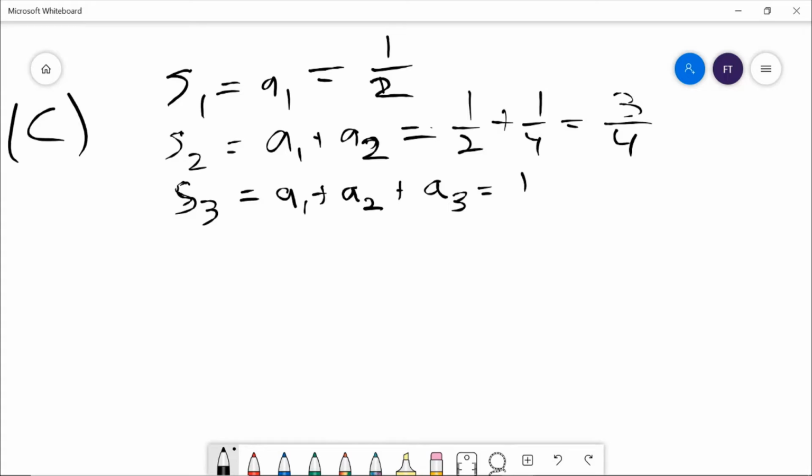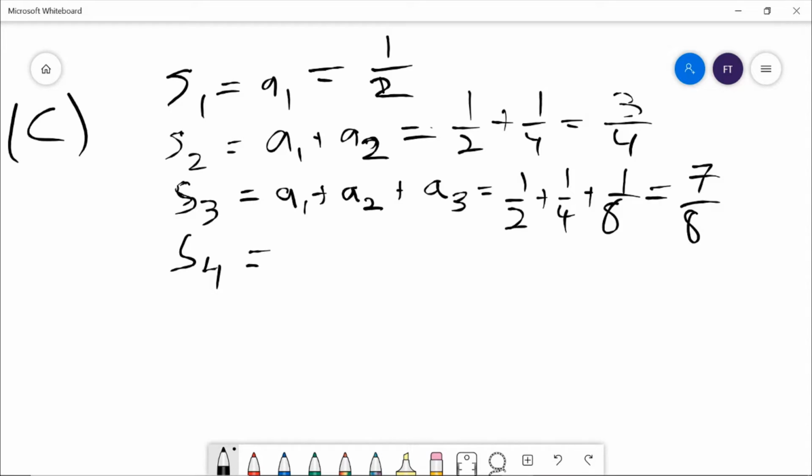S3 is 1/2 plus 1/4 plus 1/8. If we add those up, we should get 7 over 8. If we continue this for S4, when we add up A1 plus A2 plus A3 plus A4, we get that this is equal to 15 over 16.